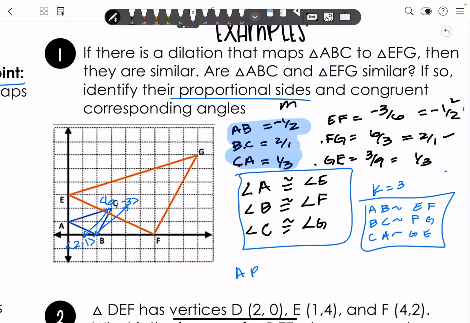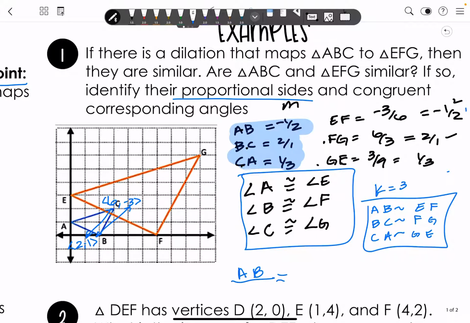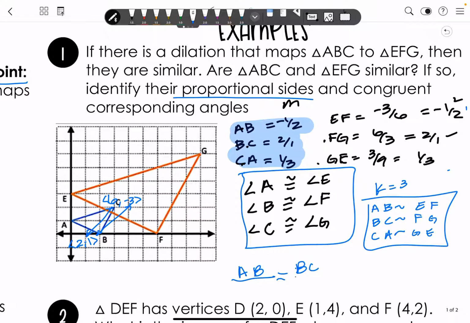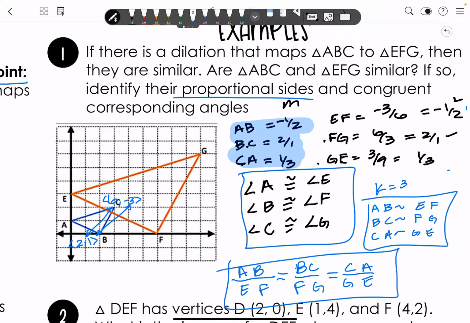So A, B, C, and then back to A. We've got E, F, G, back to E. So any one of these would work. Your problem was asking you for both this one and this one.